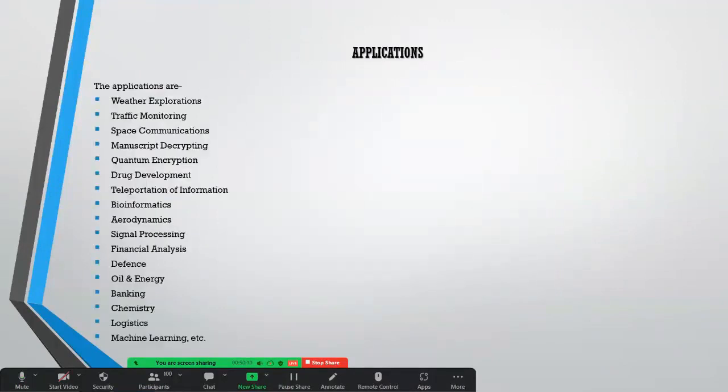Now, these are some of the applications where quantum computers can be used.